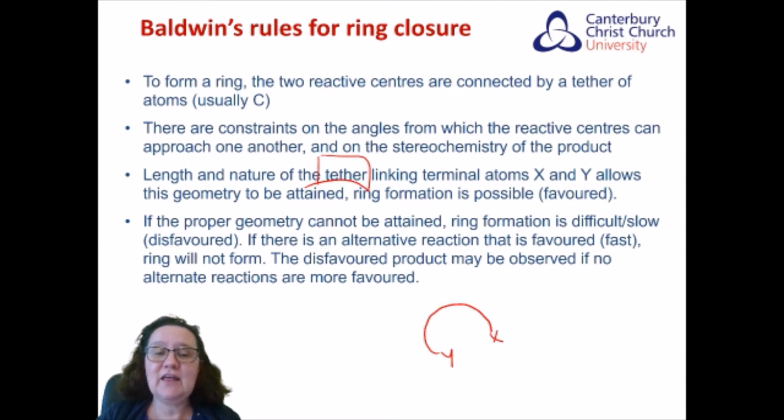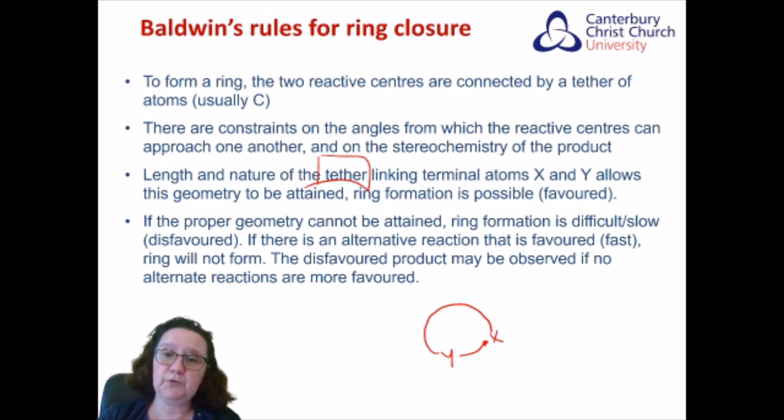So if the length and nature of the tether allow those two reactive centers to come together, the ring is more likely to form. If that geometry cannot be attained, then the ring formation is difficult.